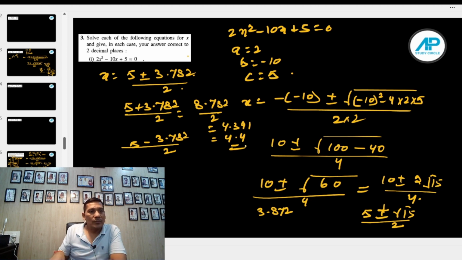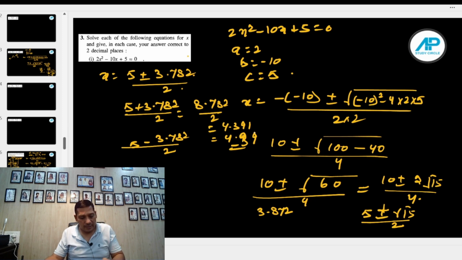Now at this point of time, I am rounding it off. You can leave the answer as 4.39 or you can write 4.4, but 4.4 is not accepted. They want two decimal places. So I am just writing the answer 4.39, the first root.